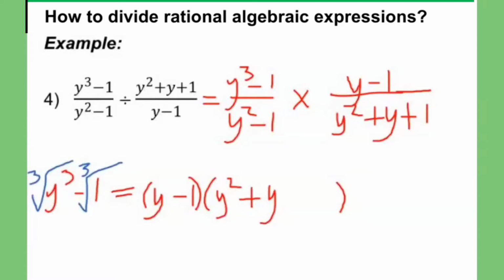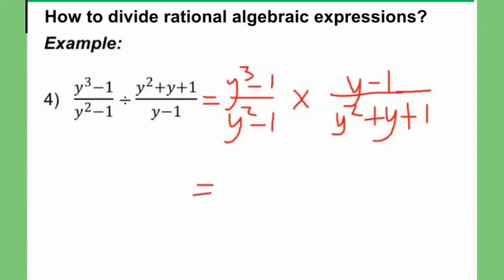And lastly, we square 1. 1 squared, that is equal to positive 1. We may now rewrite the numerator in its factored form. So we have y minus 1 times y squared plus y plus 1.